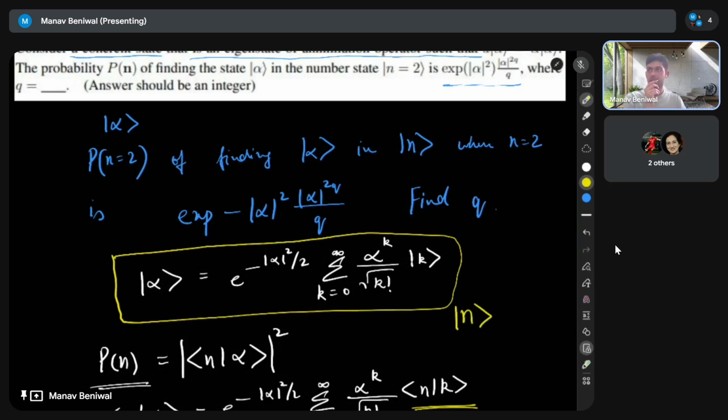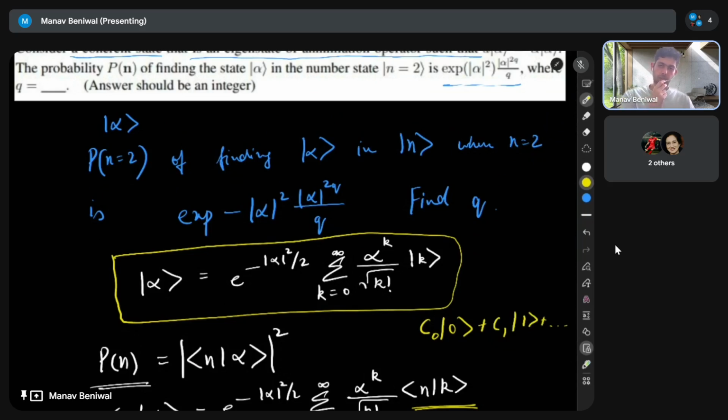When this is 0, we say that that is our ground state, and 1 is the first excited state, and so on. So this coherent state we can write as a sum of multiple such states, right? Some coefficient c0 times the 0 state plus c1 times the first state, and so on.